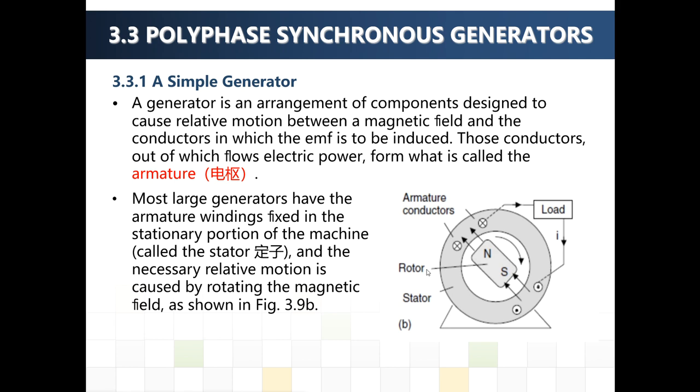A generator is designed to cause a relative motion between a magnetic field and the conductor in which the EMF is to be induced. These conductors are called the armature.